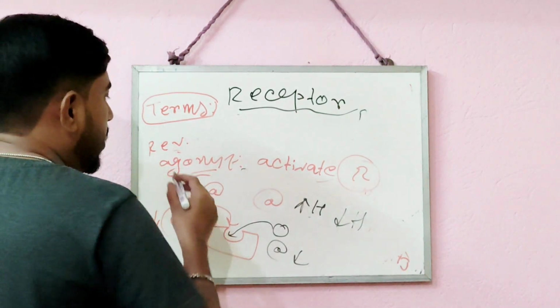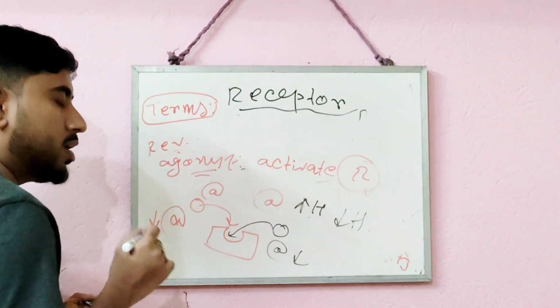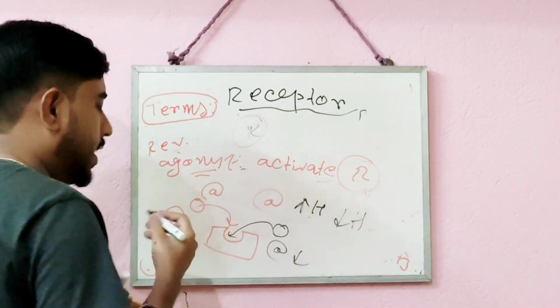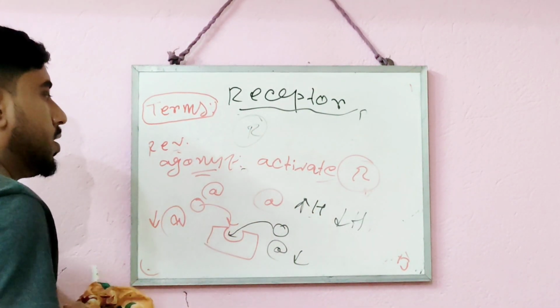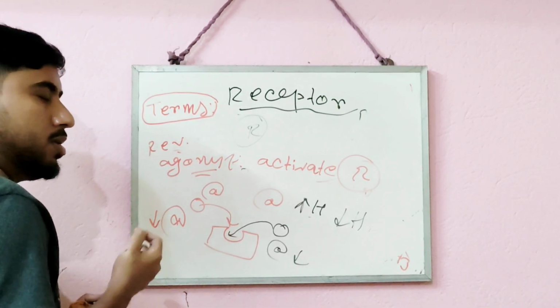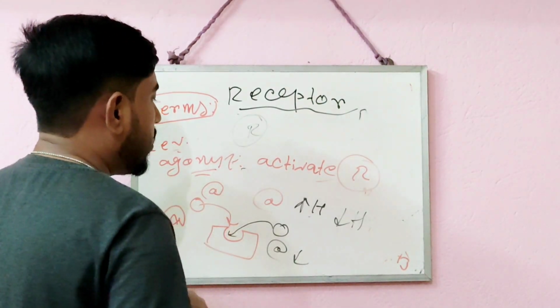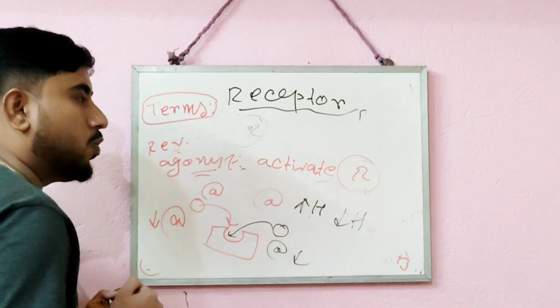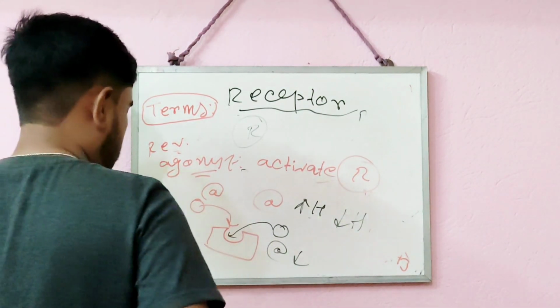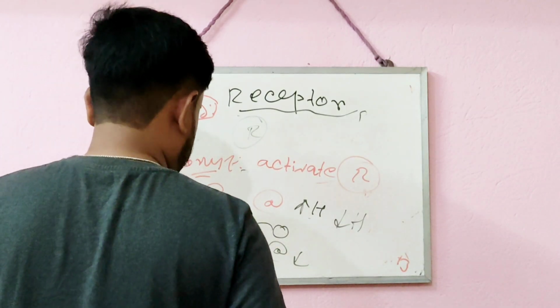But here one thing is the same: agonist or reverse agonist, whatever it is, will bind to its receptor and then show its action. If it is an agonist, then it is going to show excitatory action. If it is a reverse agonist, then it will show inhibitory action. So like that you have to remember what is agonist and what is reverse agonist.